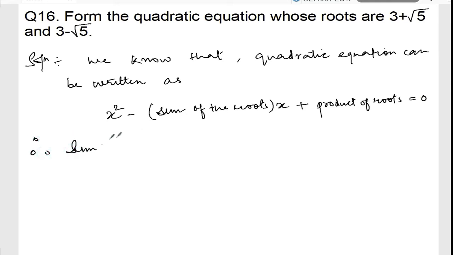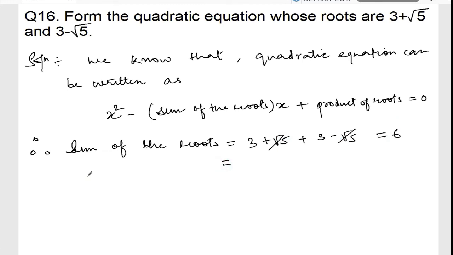The sum of the roots is 3 plus root 5 plus 3 minus root 5. Root 5 cancels, 3 plus 3 is 6. So let me write down 6 here.